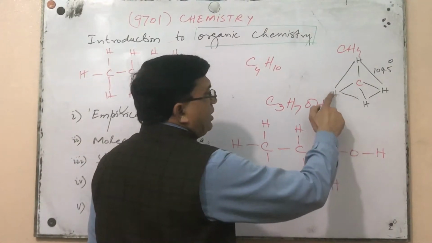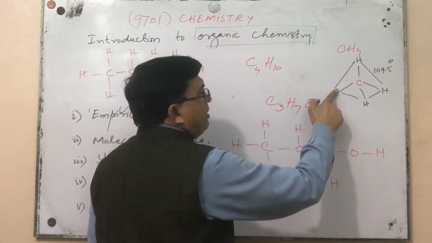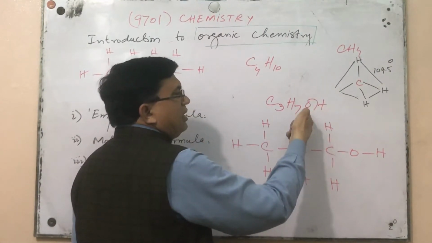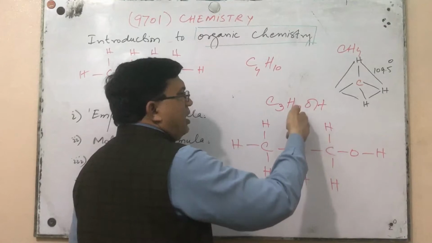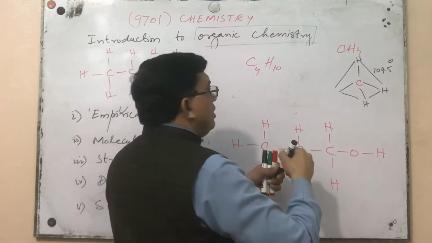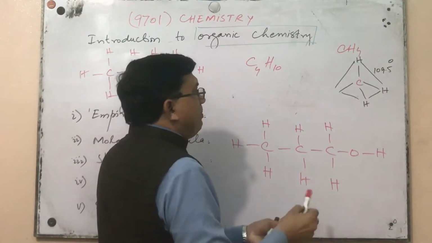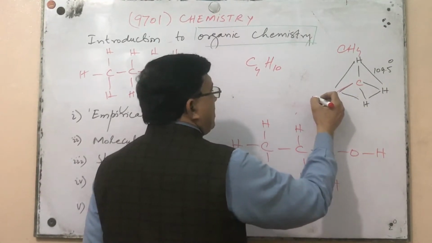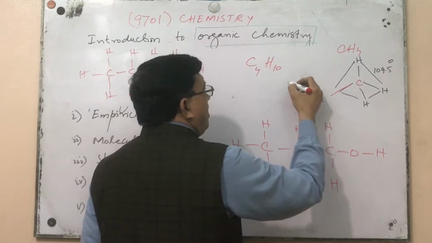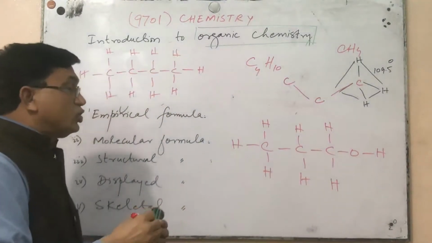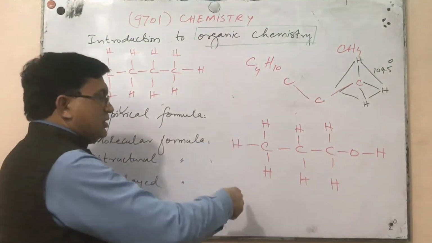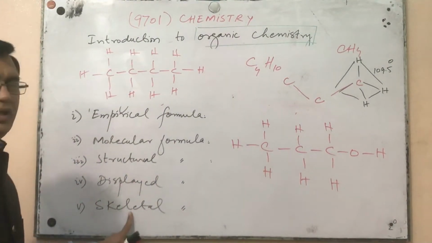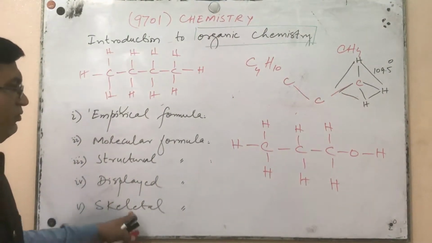If this hydrogen makes a bond with any other carbon atom, definitely that carbon will come here in front of this. Then if that carbon atom wants to develop a covalent bond with another carbon atom, that carbon atom might go up in this manner. So a zigzag structure we will obtain, and as a result we will show it as a skeletal formula.